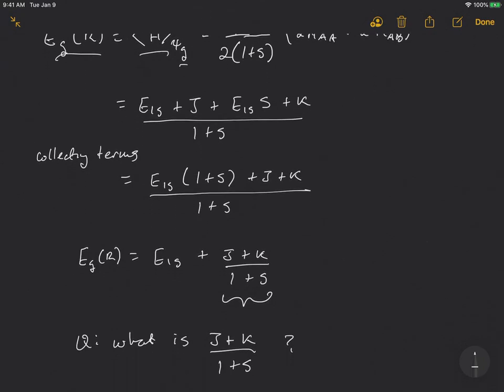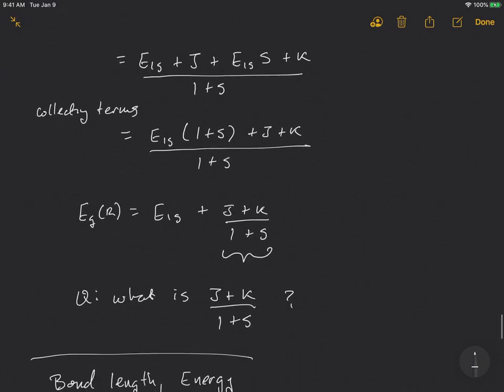Then the question is, based on our previous discussion, what is J plus K over 1 plus S? What does that physically represent about our system in some sort of chemical sense? And the answer is, it's telling us about our bond energy.